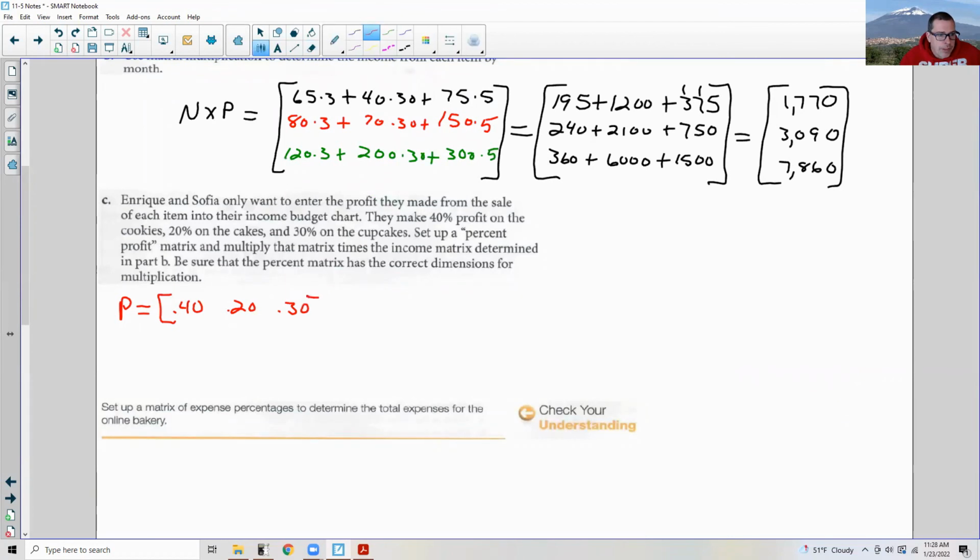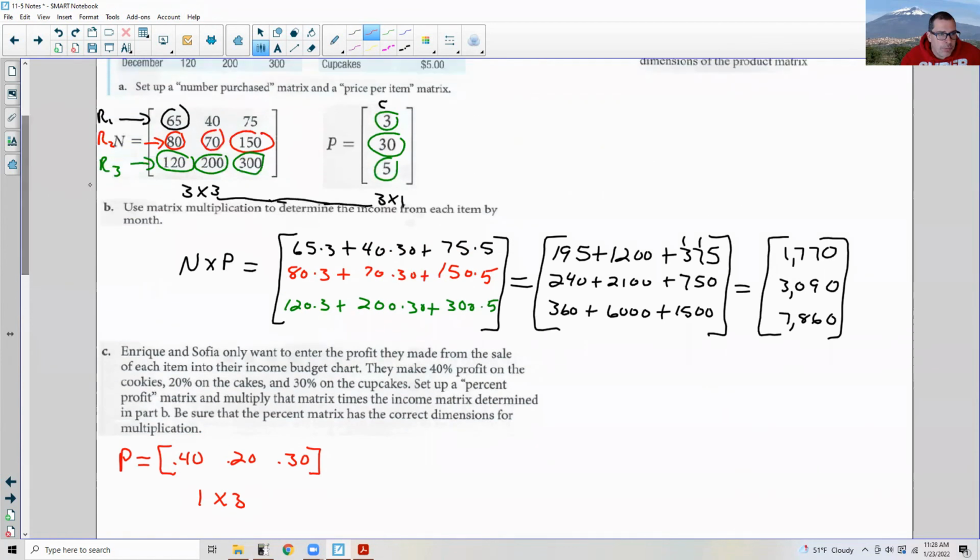All right, so here is our matrix. Remember, you should always say what the dimension is. It's a 1 by 3. Okay. And the number of cupcakes they sold is right here. And the amount of money they made is right here.